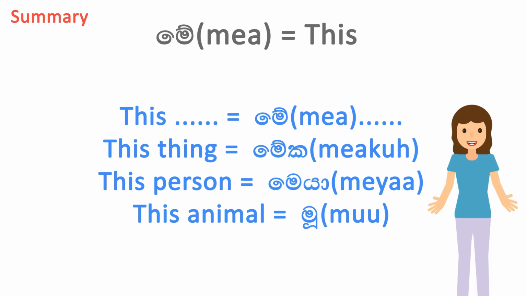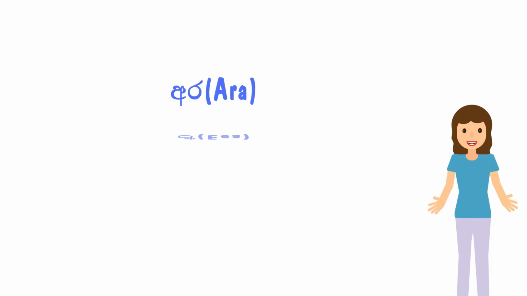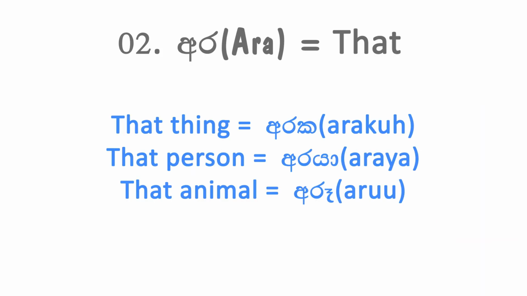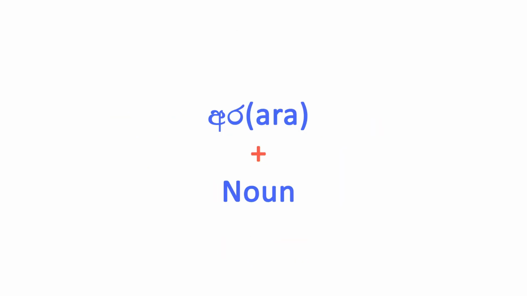It's the same with other 3 words. For the word ara, which means that, if you want to say that thing, the word changes to arakuh. That person, araya. That animal, arakuh. Remember not to use any noun after these 3 words. If you want to add a noun after the word, you have to say ara plus the noun.